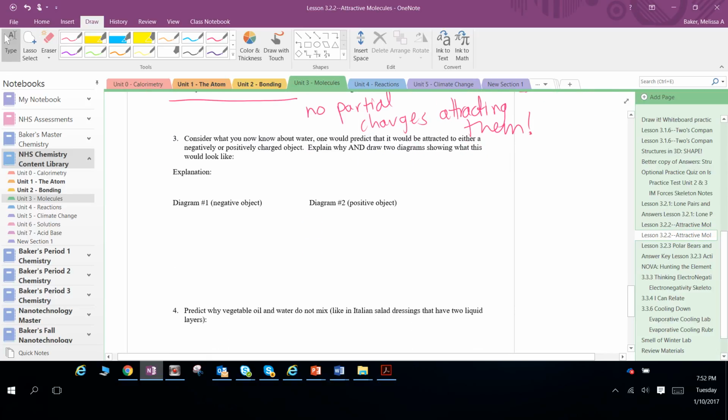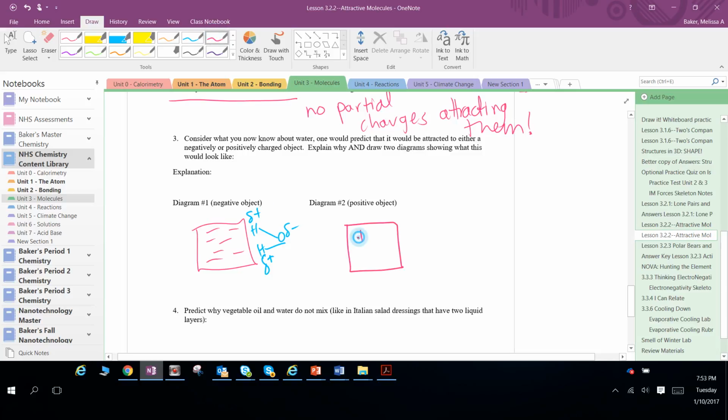Knowing what you know about water, do you think it would be attracted to a negative or a positive object? Explain why and show a diagram of each. Well, let's show a negative object. If you had a negative object, a water molecule, just like it did with the balloon, would point its hydrogens toward it because those hydrogens have a partially positive charge, and the oxygen would be pushed away.